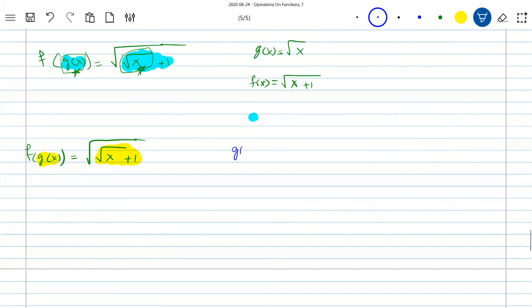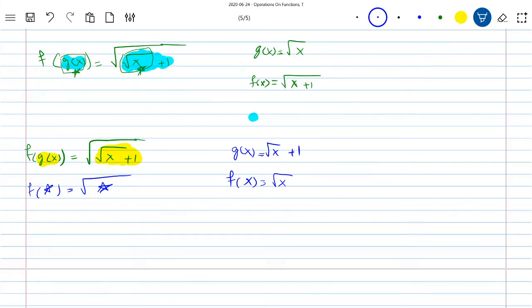Then I'll say g of x equals x plus 1. What is f of x? Again, if you get confused with the x part, just call it star. What you have is f of star equals the square root of star, I call this whole thing star again, because they're highlighted to be the same thing. We introduced g of x to be equal to that. So what is f of x? The square root of x, because the star can be replaced with an x.